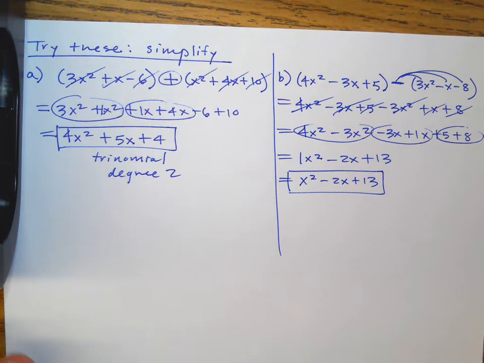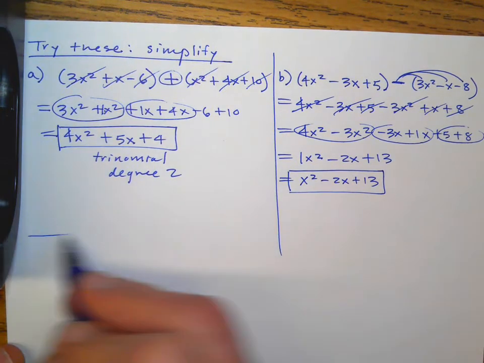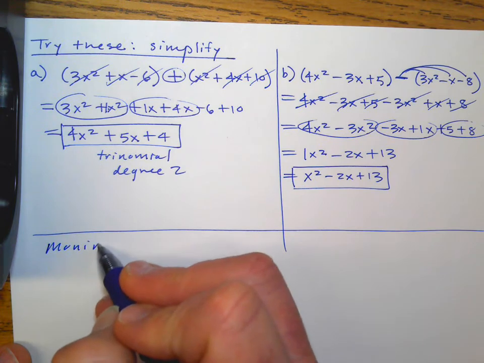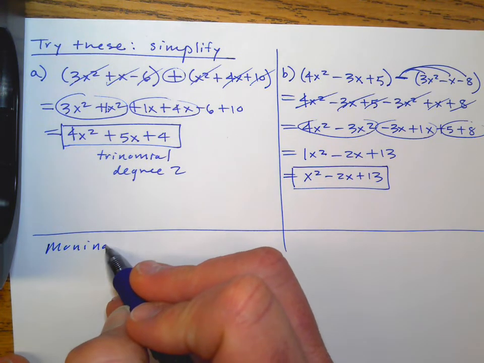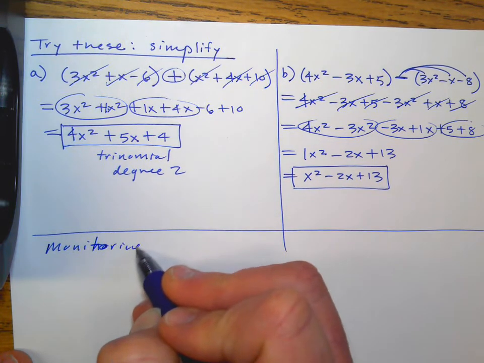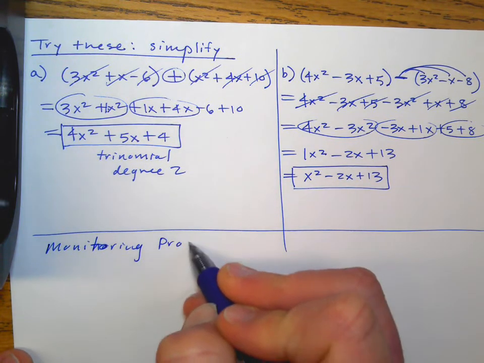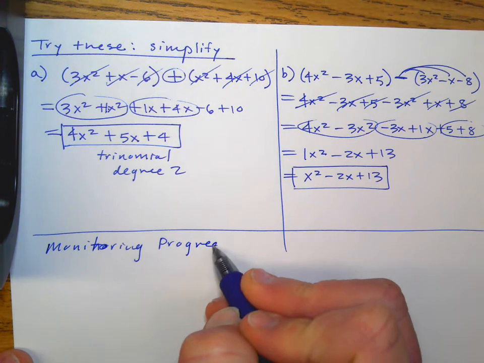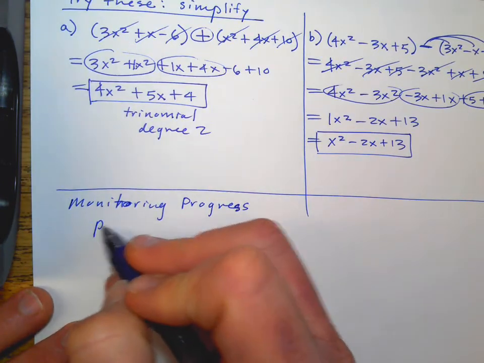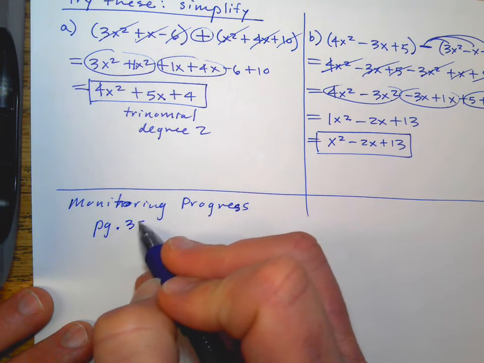Now, today for your classwork, you're going to do monitoring progress. And this is out of the book. It's on the bottoms of the pages of the book that are in section 7.1, starting at page 358.